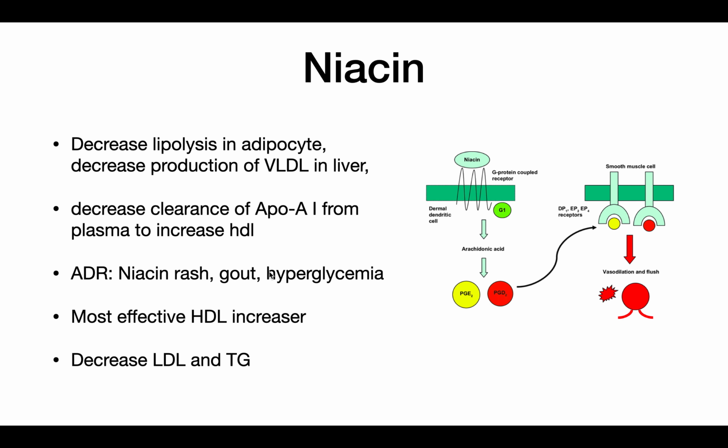And an important problem is the hyperglycemia. So it is a very effective HDL increaser, and it also decreases LDL and triglyceride levels, but this hyperglycemia you have to be careful with.